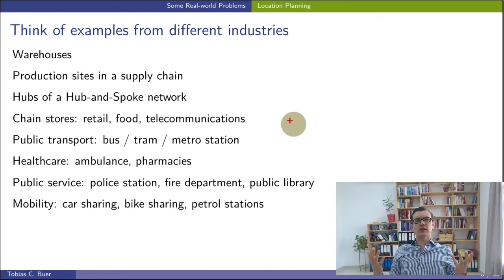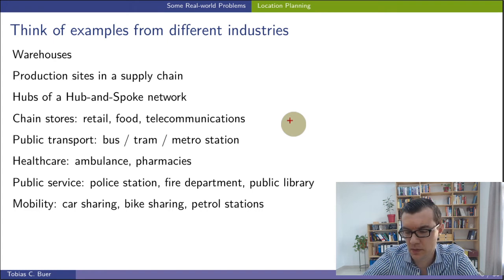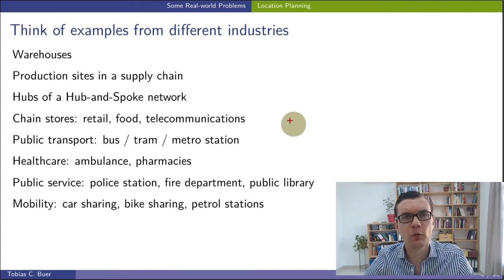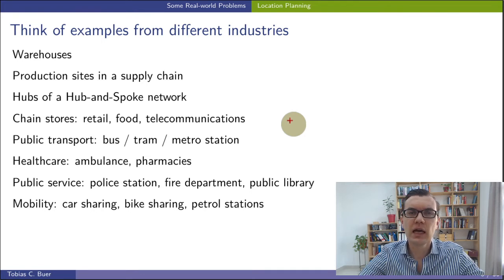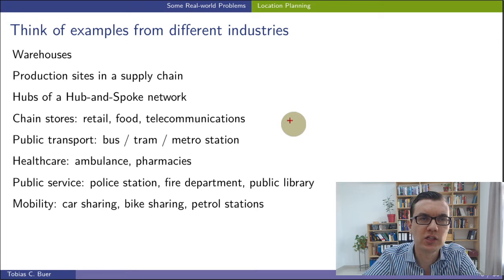What other location decisions are out there? Well, let's think of warehouses. Maybe you're a third-party logistics service provider and you operate warehouses. Where should you place your warehouses?